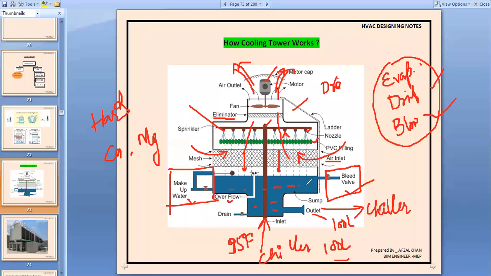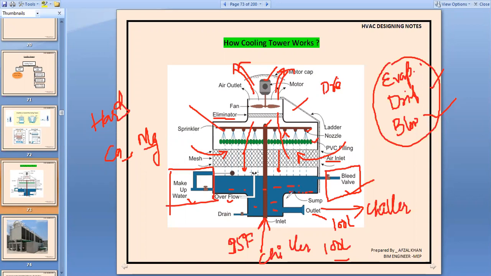Okay, so when the water evaporates at this particular point, the calcium and magnesium hardness settle down here in the sump. They will not evaporate, but the water evaporates, and the hardness present in that hard water, of calcium and magnesium, will settle down here.